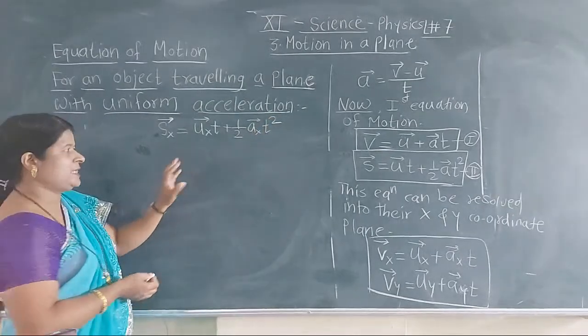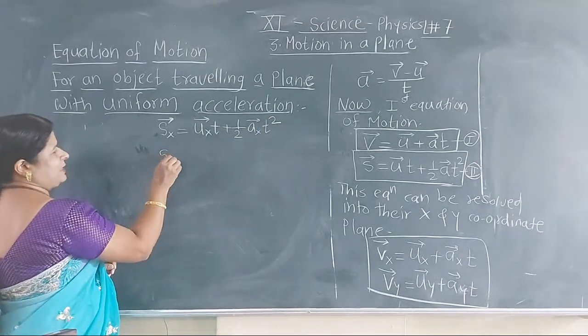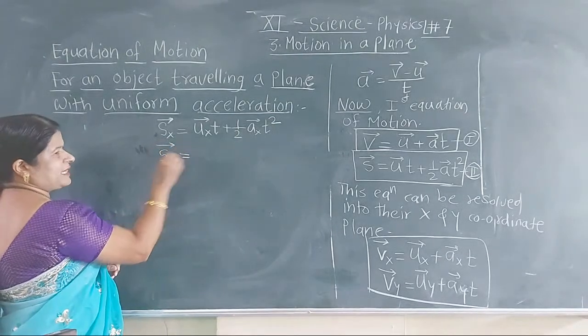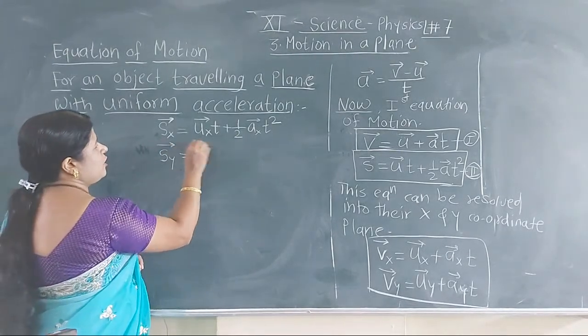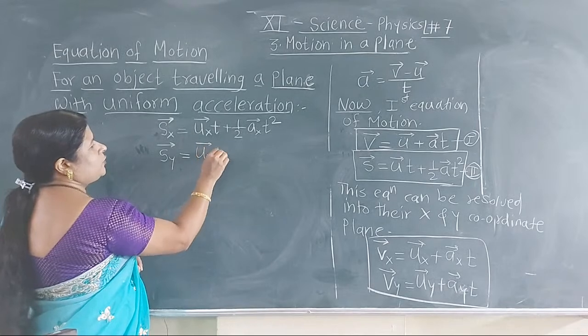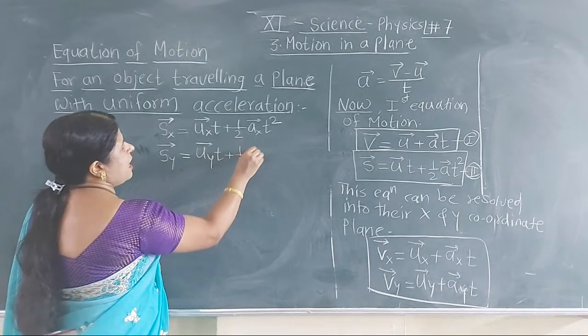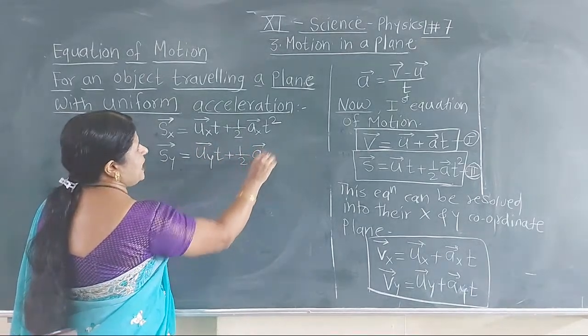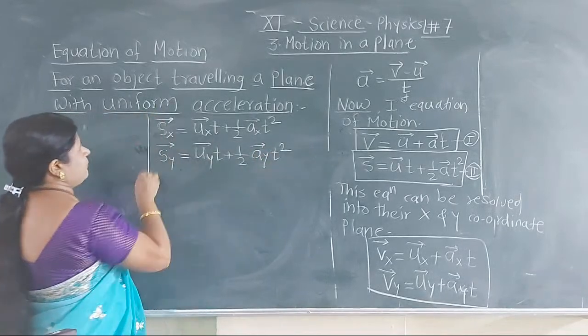And in the y plane, this displacement is vector sy is equal to vector uy into t plus 1/2 vector ay into t square.